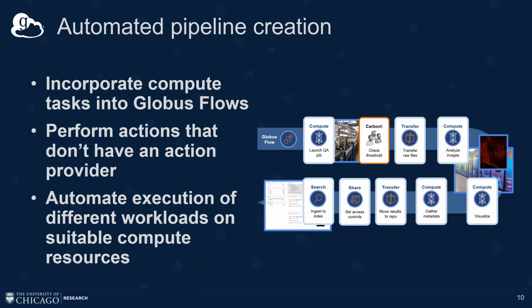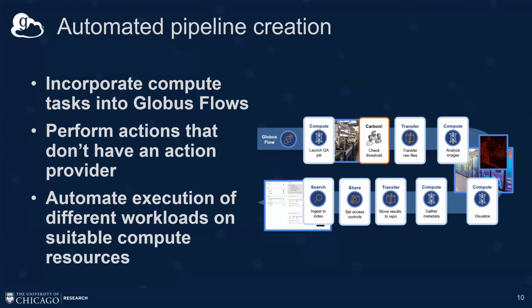And again, compute steps can be incorporated in the flows. They can do actions that don't have action providers in the flow. For example, you want to tar a bunch of files before you send them to tape archive. Just bundle them. Globus transfer doesn't have an ability to bundle before sending things, but compute can, right?